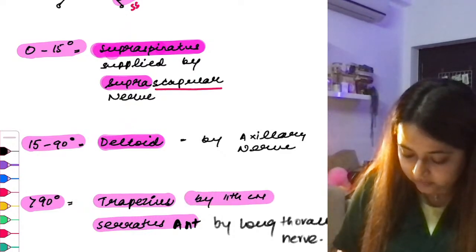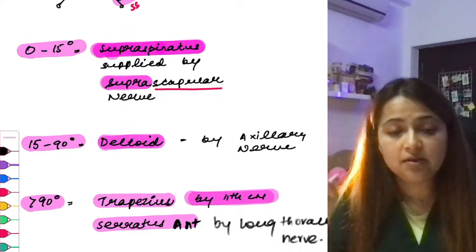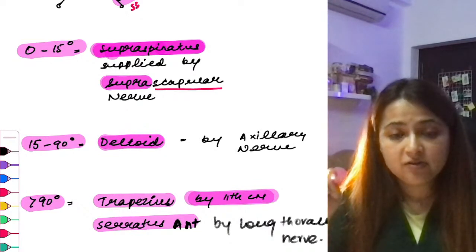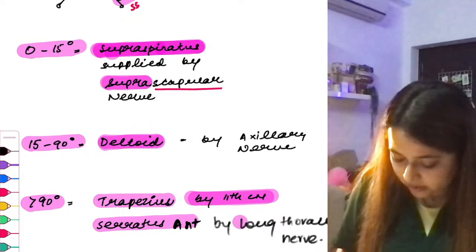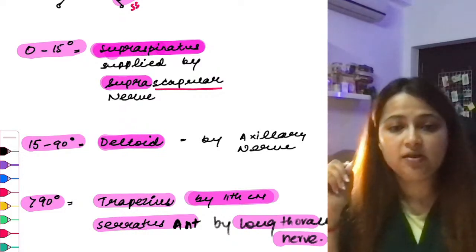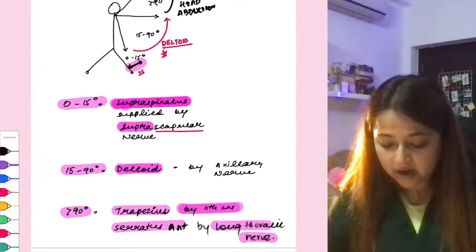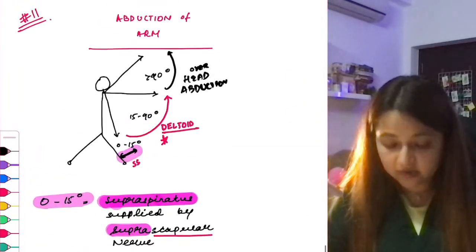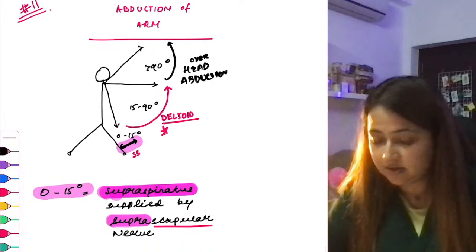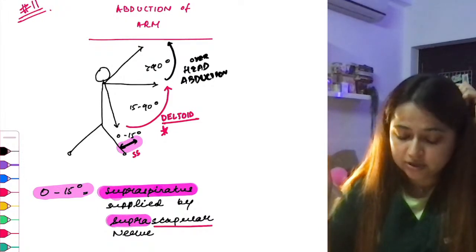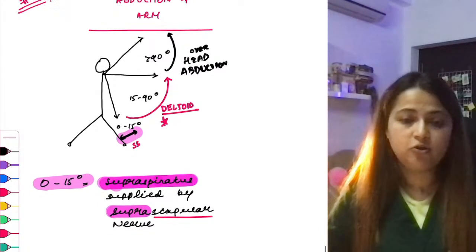Your answer is 11th cranial nerve, the spinal accessory. Then talking about the serratus anterior, this is being innervated by the long thoracic nerve. Okay. So this part about the abduction, that is very, very high yield. So know this, the muscles. So this is anatomical correlation here. Okay. Moving on to the next topic.